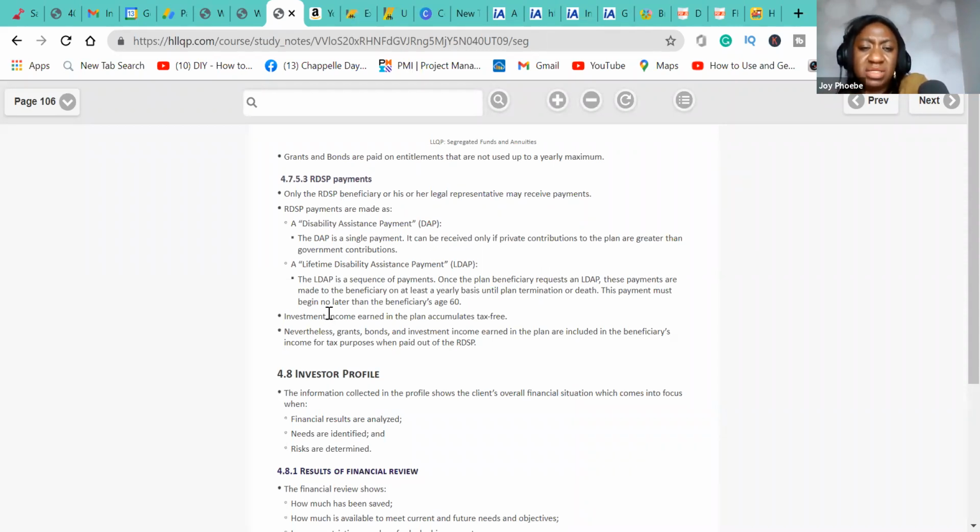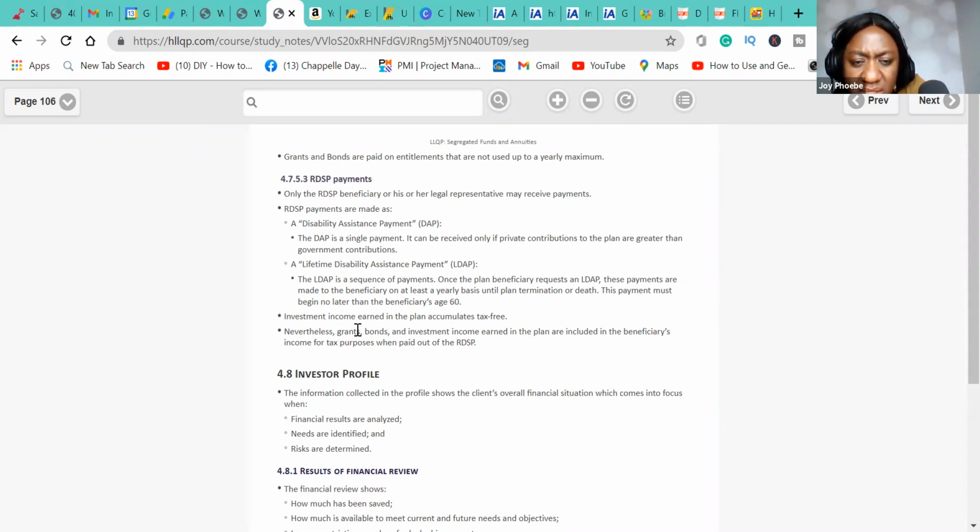Well, only the registered disability savings plan beneficiary or his or her legal representative may receive the payment. A lifetime disability assistance payment, which is LDAP, can be made.